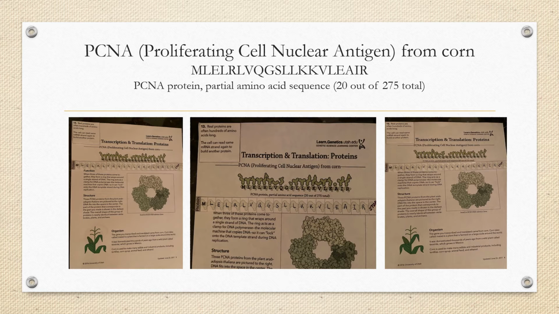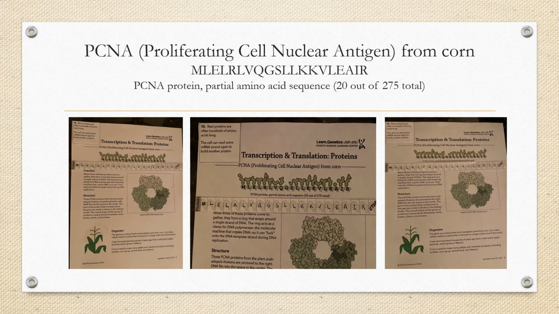As for the function, when 3 of these proteins come together, they form a ring that wraps around a single strand of DNA. The ring acts as a clamp for DNA polymerase, the molecular machine that copies DNA, so it can lock onto the DNA template strand during DNA replication.